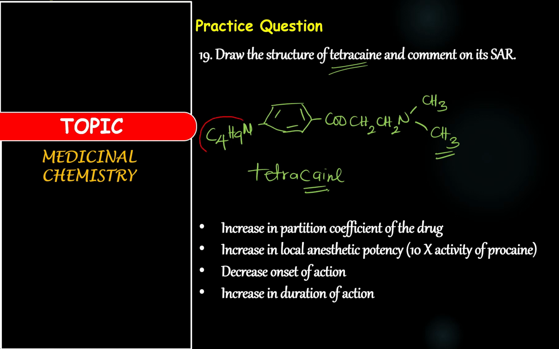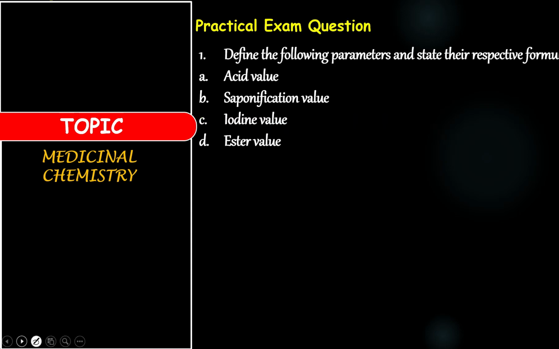The addition of this group here, that is removal of 2 hydrogen and adding this butyl group, causes an increase in partition coefficient of the drug, increase in local anesthetic activity, decreased onset of action, and lastly, increase in duration of action.